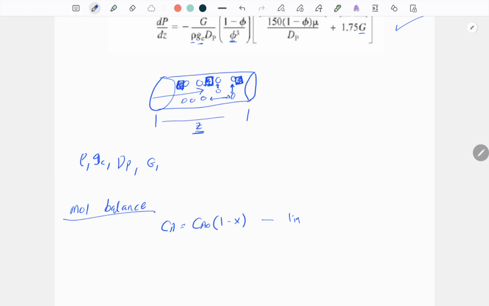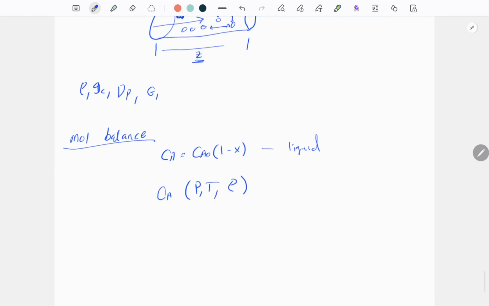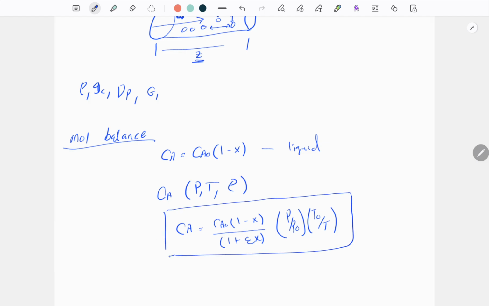This equation is only used for a liquid phase, whereas in the gas phase, the concentration is a function of pressure, temperature, and density, which in a previous class I derived that the final concentration equals Ca naught (1 minus x) divided by (1 plus epsilon x) times P over P naught times T naught over T. If you do it a couple of times, it'll become second nature.